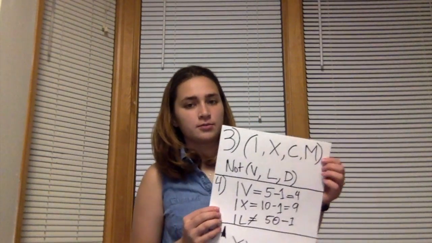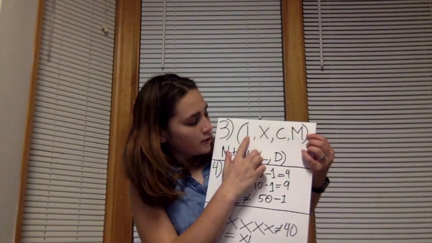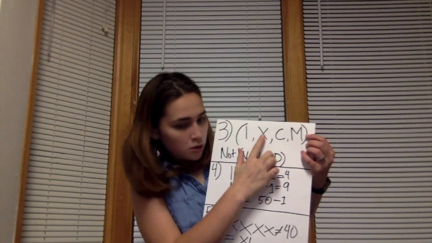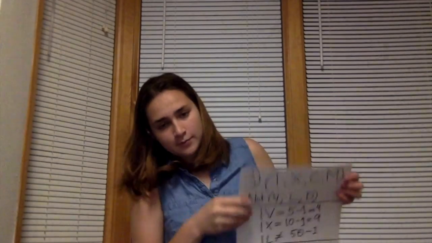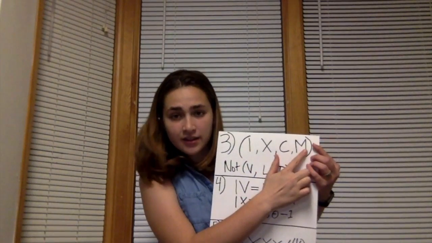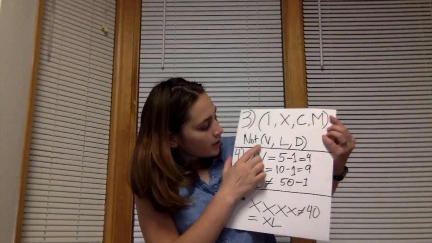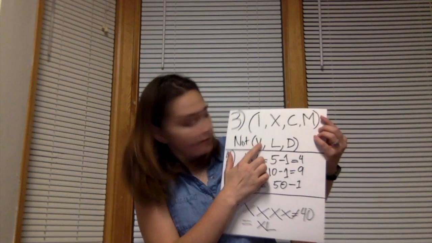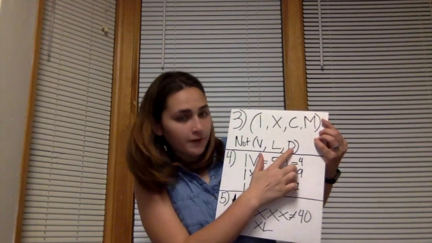Third rule is that only powers of 10 can be subtracted. For example, 1, 10, 100, and 1,000. Examples like 5, 50, and 500 are not possible.